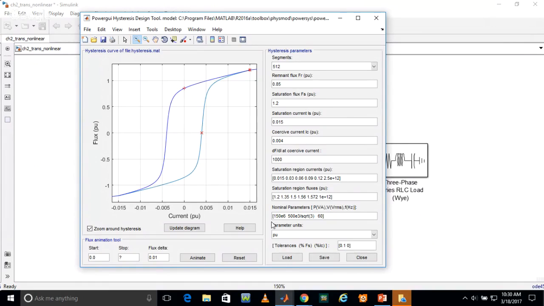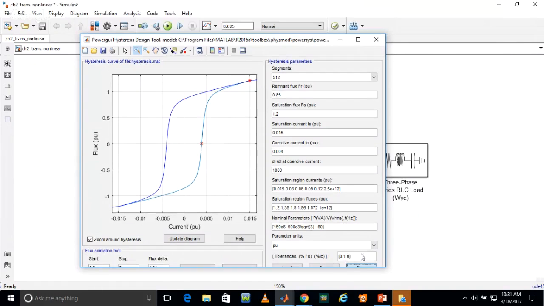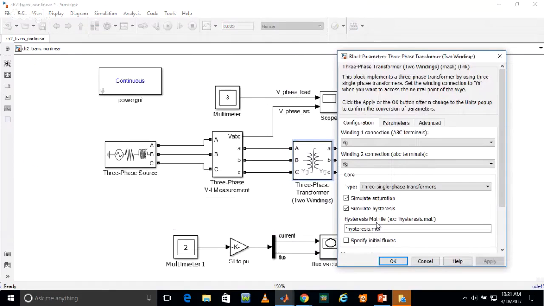They have also provided you with the hysteresis loss sheet. You can adjust any amount of parameters here and then save it. The moment you save it, it will save as a hysteresis.mat file as written over here.